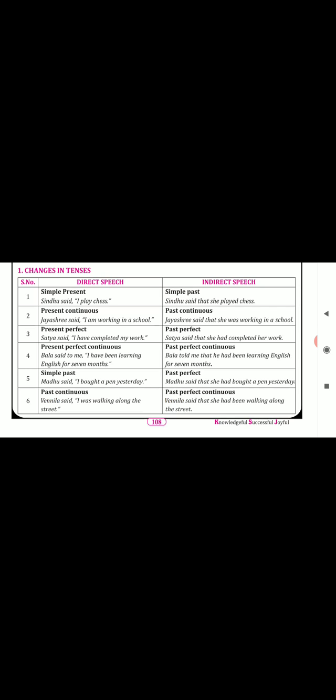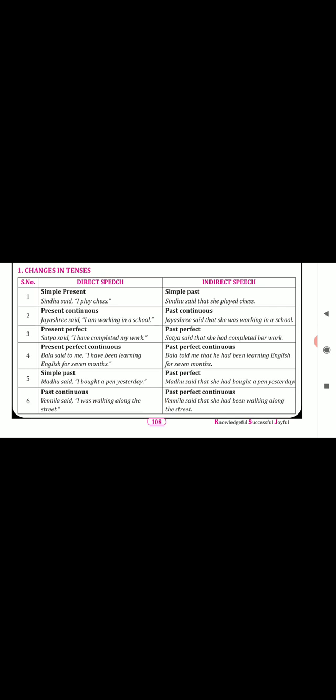Here in direct speech, we have a present tense verb in the reported part. In indirect speech, it becomes simple past tense. Sindh said that she played chess. In direct speech, play; in indirect speech, played. The verb changes: simple present tense becomes simple past tense.